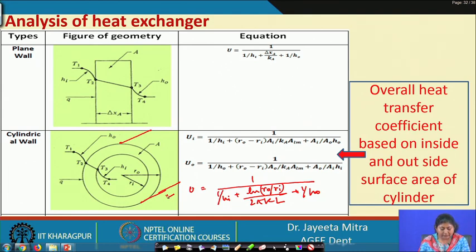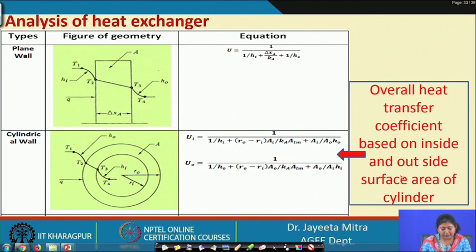So, this is how we can calculate the overall heat transfer coefficient, and you can also think that it depends on the convective heat transfer coefficient values. Based on that, your overall heat transfer coefficient can be defined.